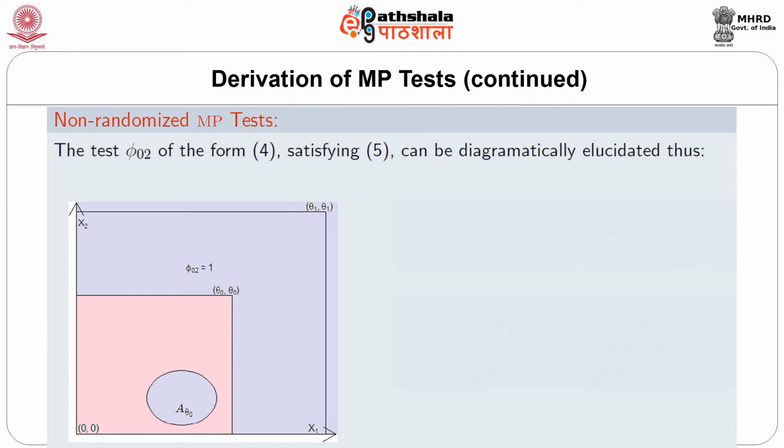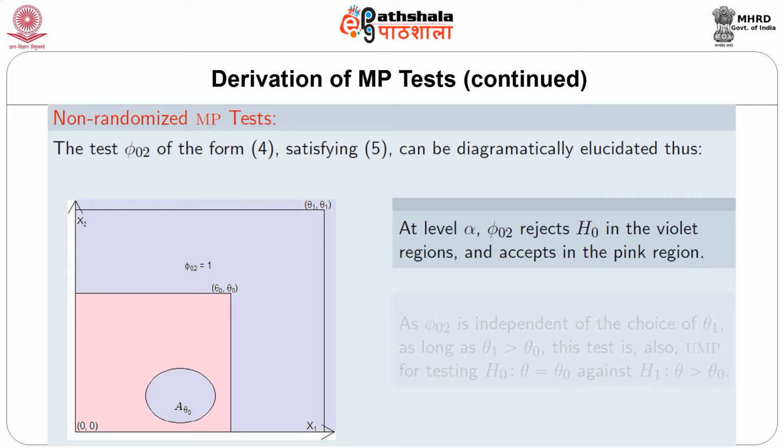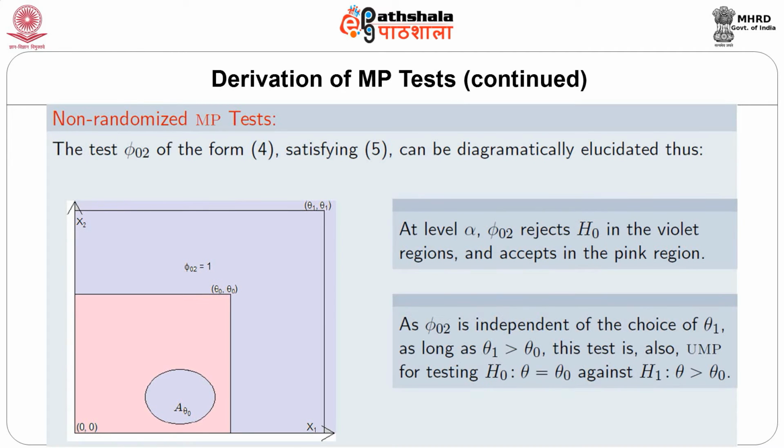Now, we see this figure. At level alpha, phi naught 2 rejects H naught in the violet region and accepts in the pink region. And you see, if x order n is greater than theta naught, then we reject H naught, and A theta naught is any subset of this pink region, and there we accept H naught, so that the size of the test is alpha.